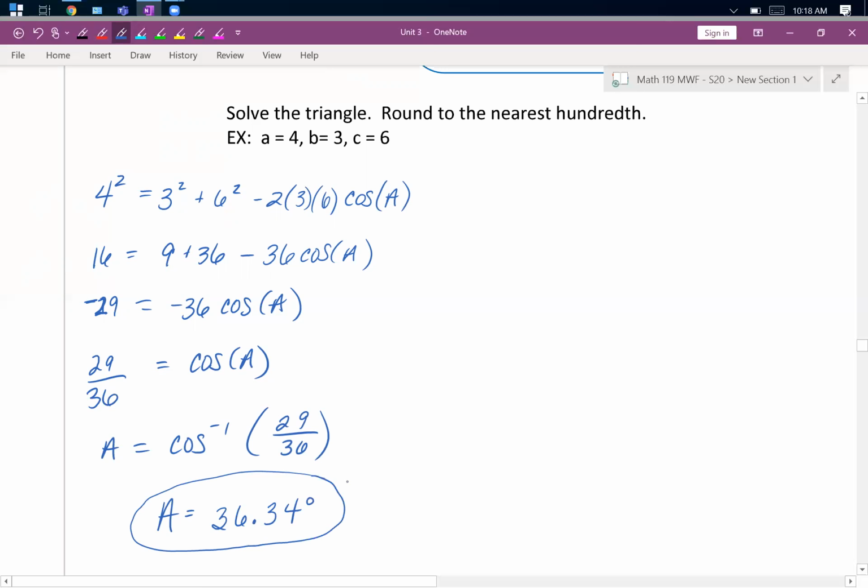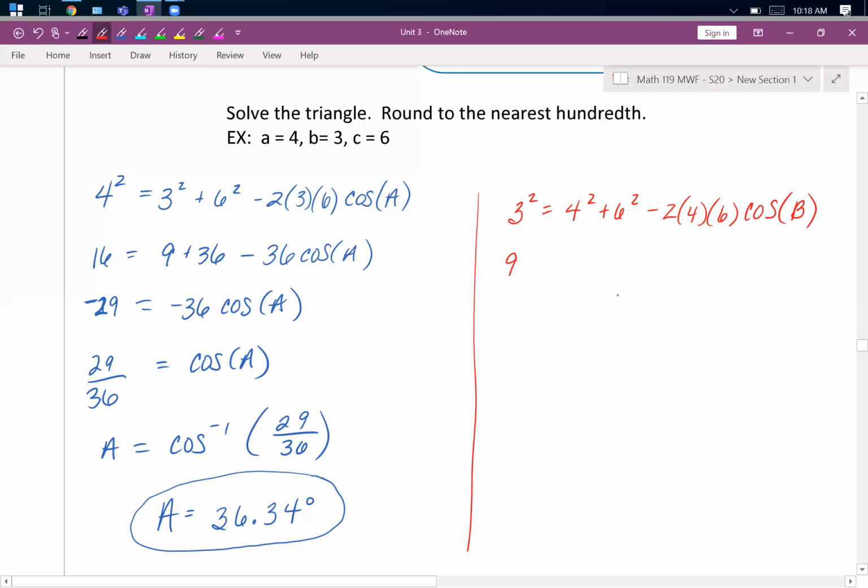All right, so we found one of the angles. Now we need to find a second angle. So I think I'm just going to go right down the list and find B next. So finding B, we'll start with 3 squared equals 4 squared plus 6 squared minus 2 times 4 times 6 times cosine of B. And we'll just do the same thing, clean it up a little bit.